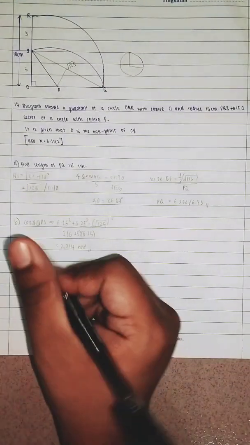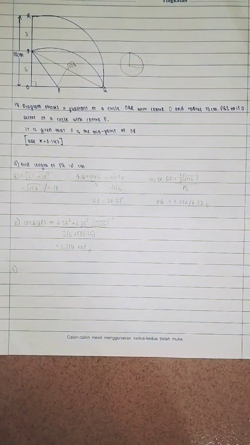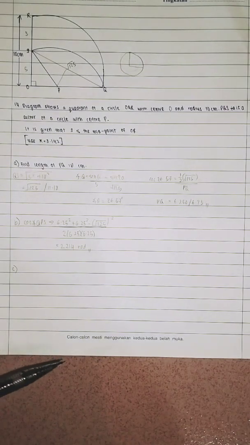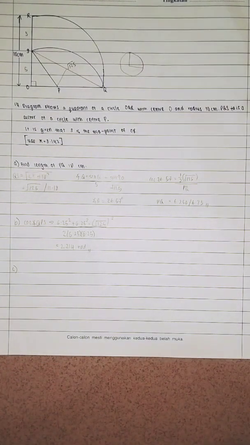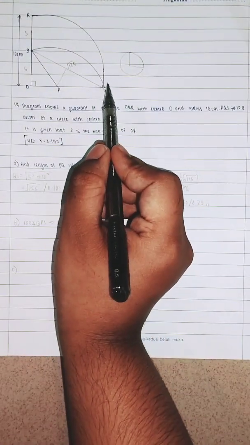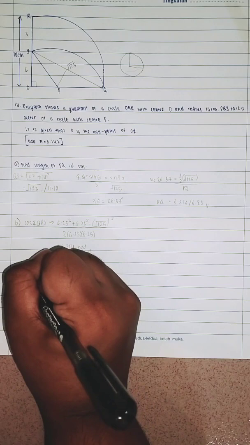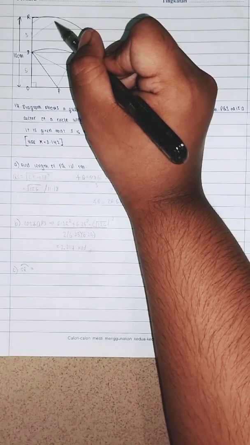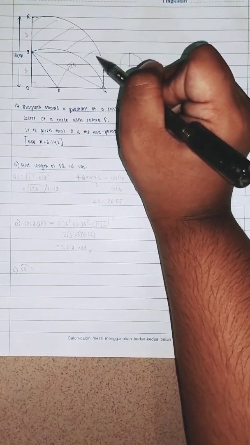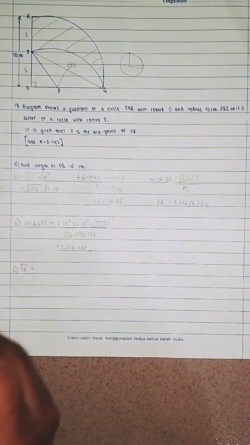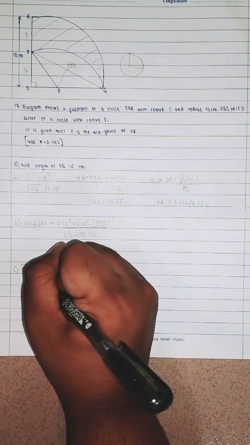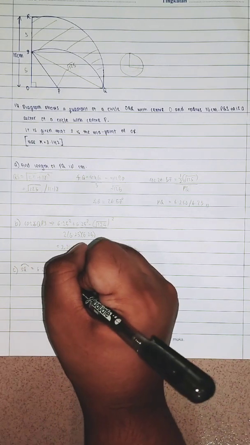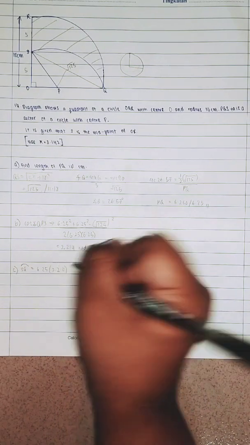The last question C, they have asked us to find the perimeter of the shaded region. So first of all, I would find the length of arc of SQ. I'm sorry, but this is the shaded region here. So the length of arc of SQ is 6.25 in bracket 2.214.